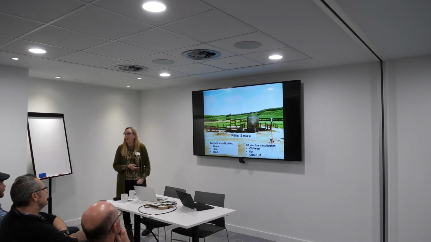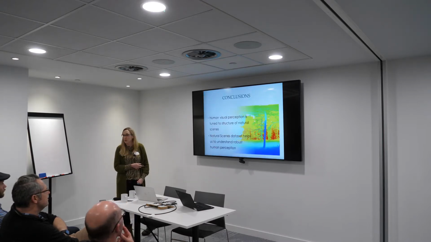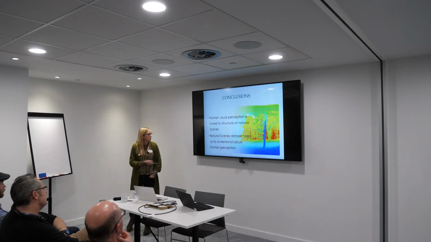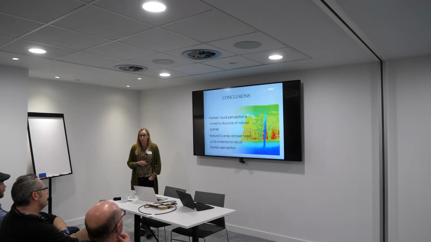So that's a very whirlwind tour of the scenes data set and some of the things we've looked at, and James will talk about some other studies. Just to conclude, human vision is tuned to the structure of natural scenes, and a natural scenes data set like ours can help us understand what makes humans so robust over different scene types.